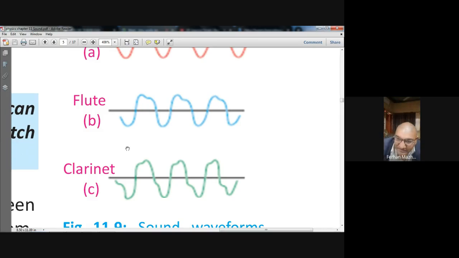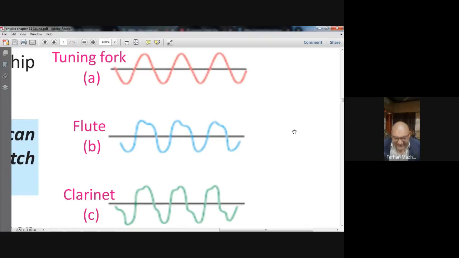So these three sounds, one coming from the tuning fork, the other from the flute, the other from the clarinet, all have the same pitch and the same loudness. But still you will be able to distinguish that this sound is from the tuning fork, this sound is from the flute, and this sound is coming from a clarinet.